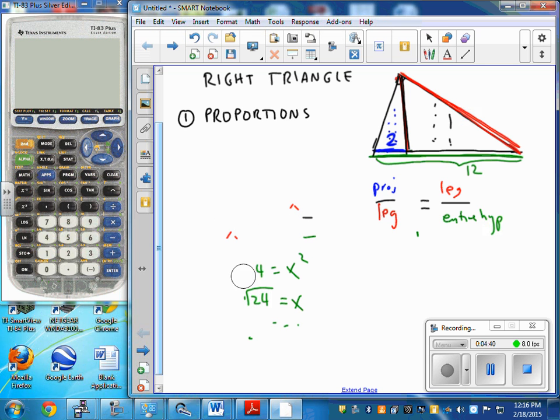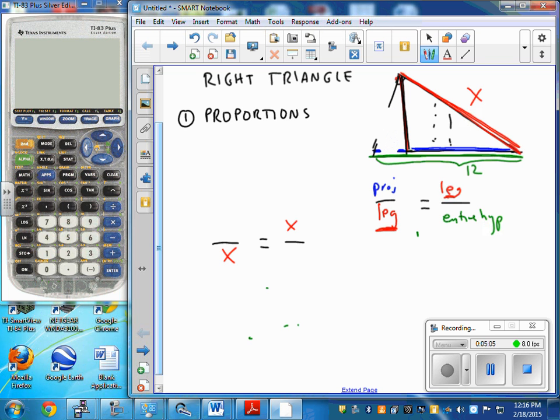Let's again call that leg x. It's going to fit in the geometric mean slot. So x is here and here, and the projection now coming straight down is not going to be 2. That was the projection of the other leg.